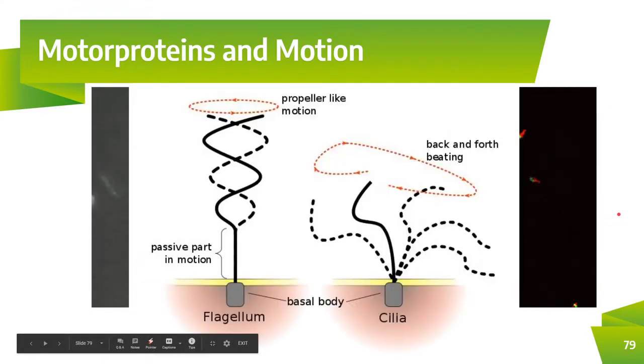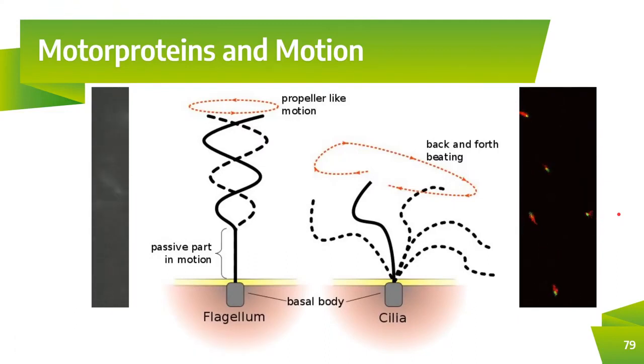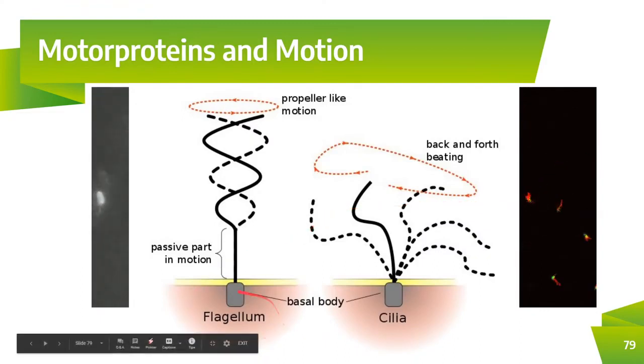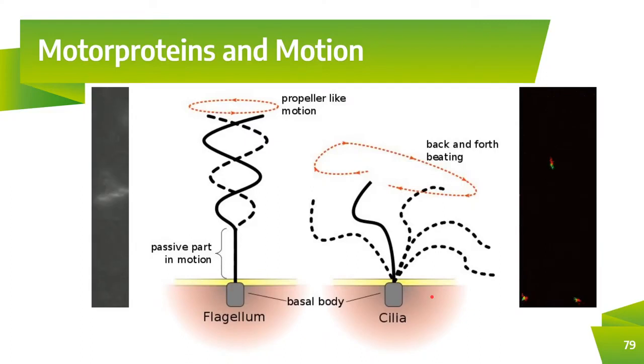So there are two different words that are important today: flagella and cilia. Cilia are basically the little hairs that you saw on the paramecium that are doing the back and forth movement.